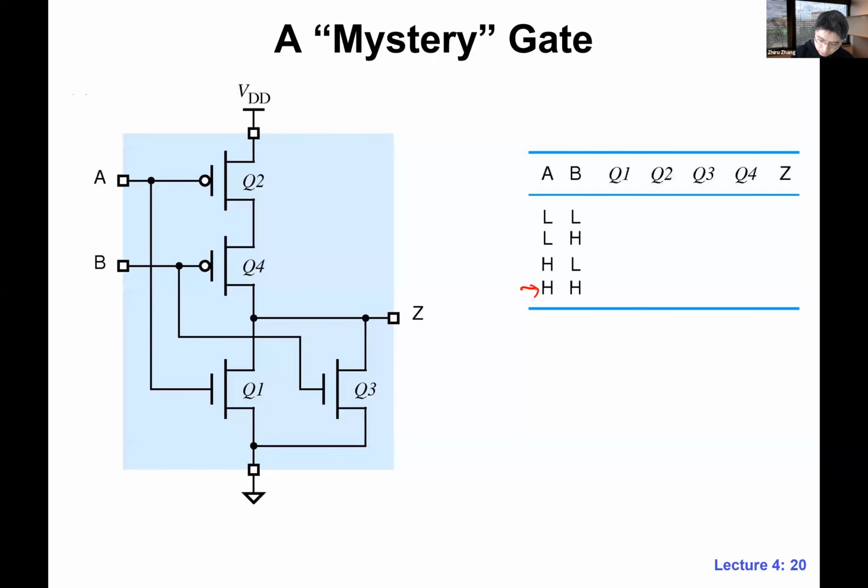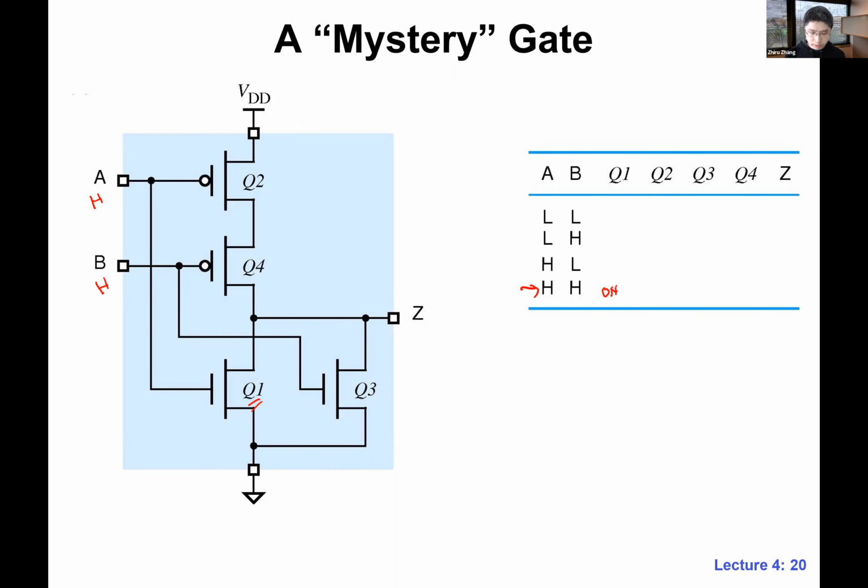So let's look at HH, when both A and B are high. Let's fill in the status for each transistor. Q1, on or off? On, right? This is NMOS.